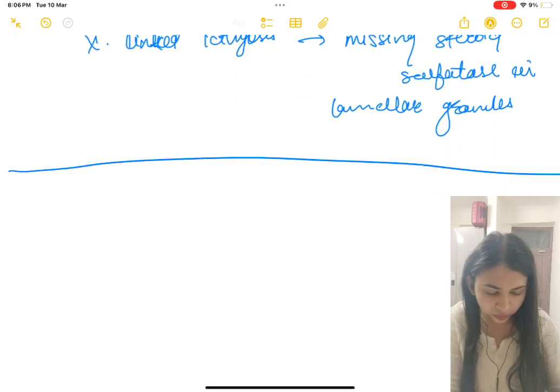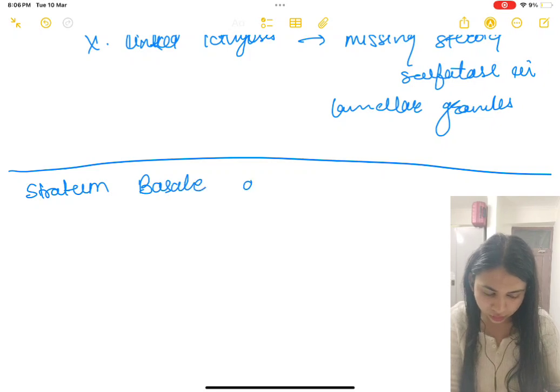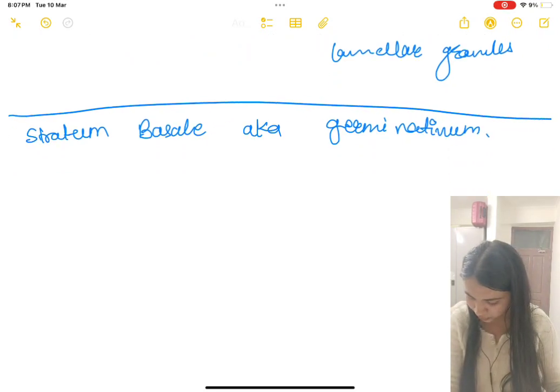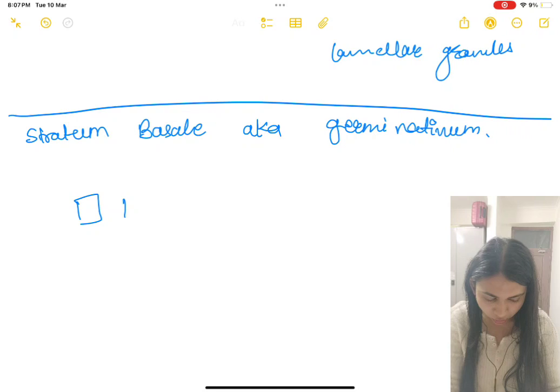Now this was stratum granulosum. We will move on to stratum basale. Stratum basale is also known as stratum germinativum. Yes, it is the lowermost layer of your epidermis. These are the basal cells, which are like columnar cells, single layer cells like this.